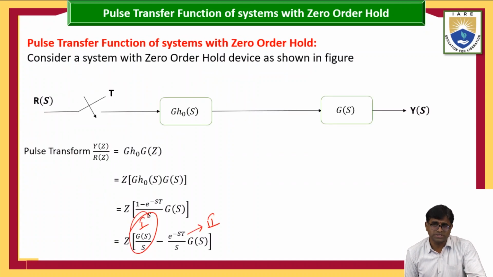This is the pulse transfer function of the open loop control system, in the case of the discrete time control system, with zero order hold device.